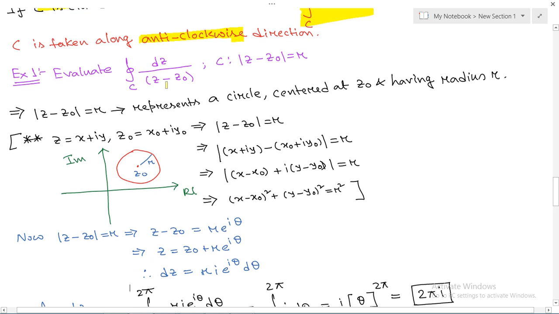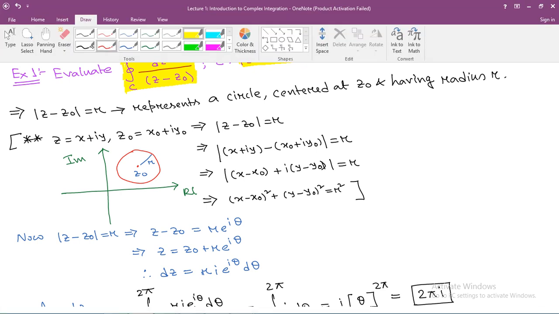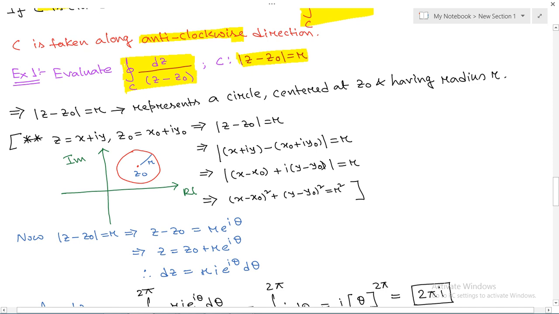Our first problem is: evaluate the integral over the closed curve C of dz upon z minus z0, where the closed curve is |z minus z0| equals r. Whenever you have any kind of line integration, please try to identify what your main function is.